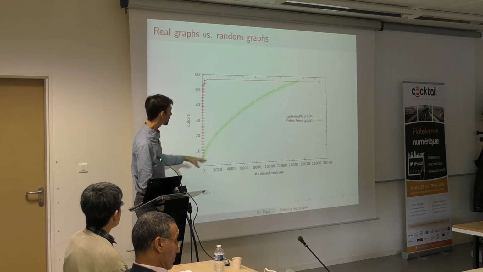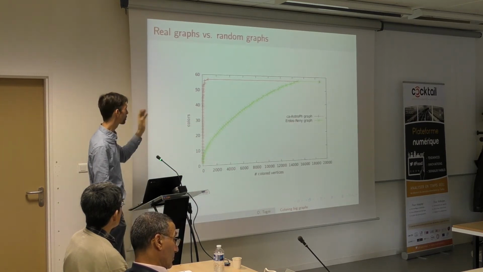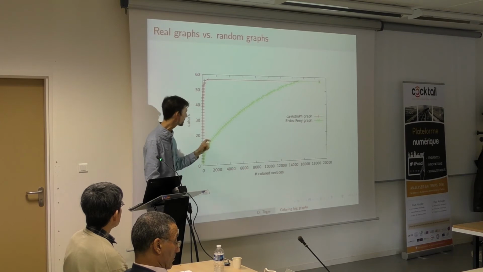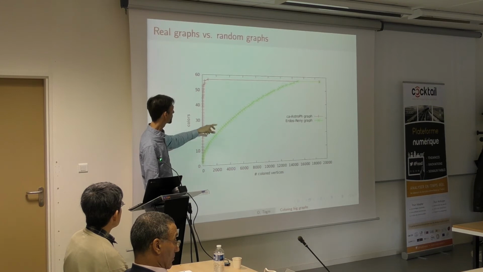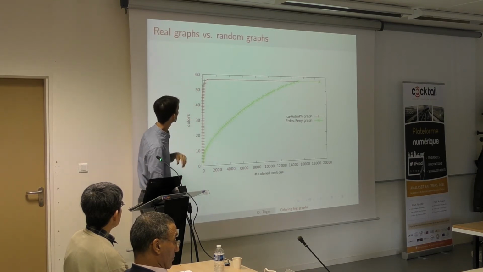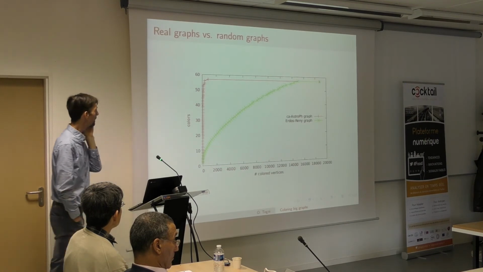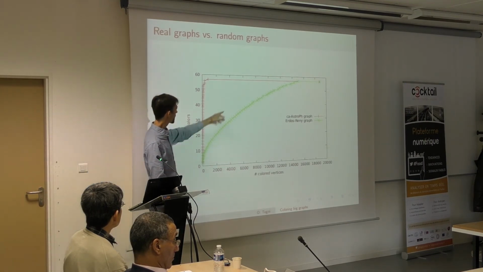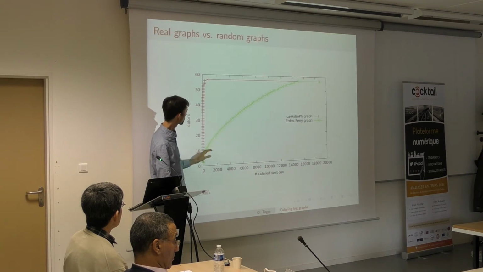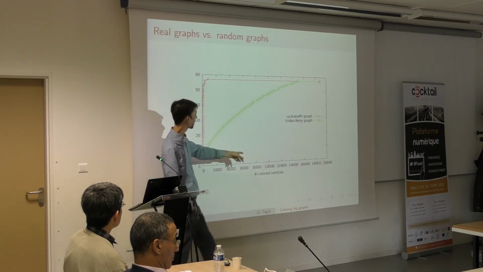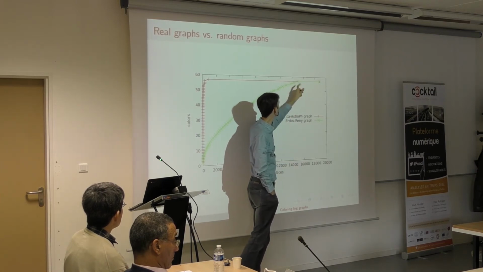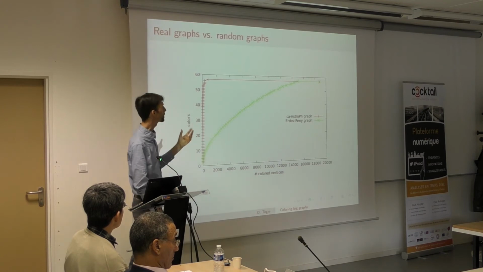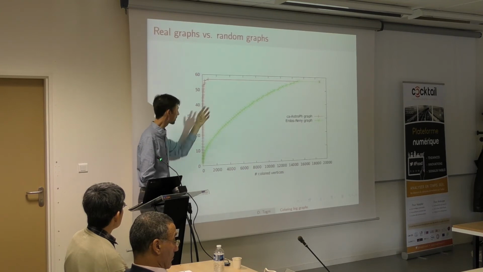While for the second one, which is a random graph, I choose a random graph with the same number of vertices, and I choose the edge probability in order that the algorithm has to use the same number of colors, 57, I think. And you see that it is not the same behavior, so the number of colors grows, but quite slowly. And we have to wait until near the end in order for the algorithm to be obliged to use the last color. So a very different behavior for the two graphs.